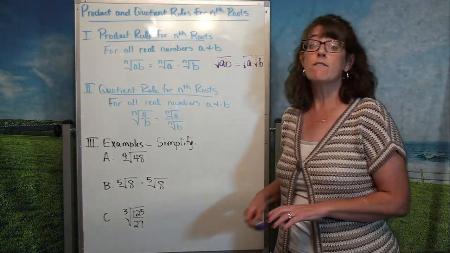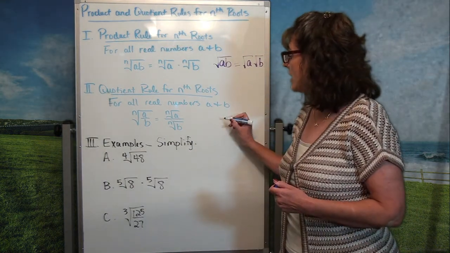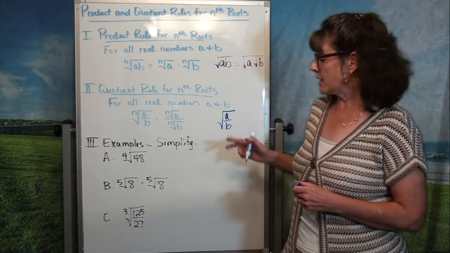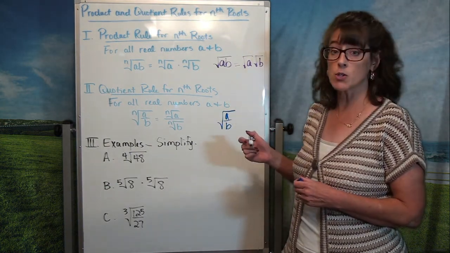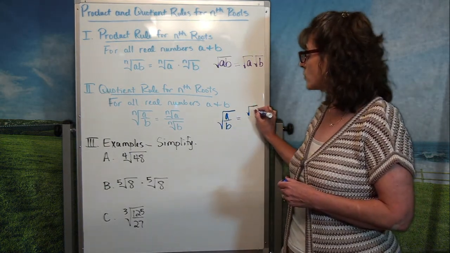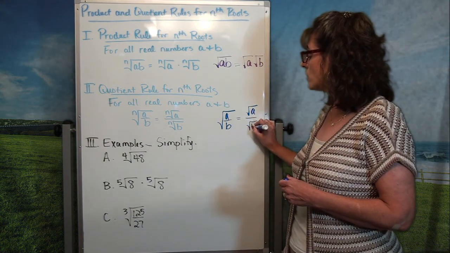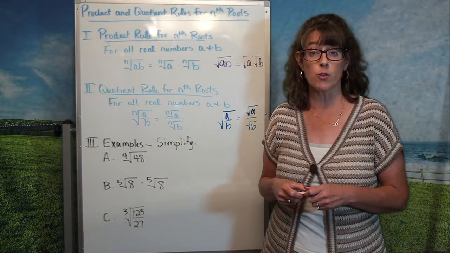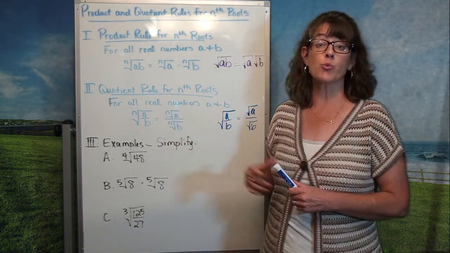Quotient rule for square roots said if I have a fraction underneath the radical, I can do the division, then take the square root, or I could take the square root of the numerator, square root of the denominator, and then do the division. I'm going to get the same result either way. Works for nth roots as well.